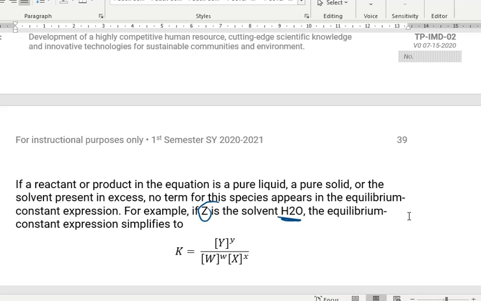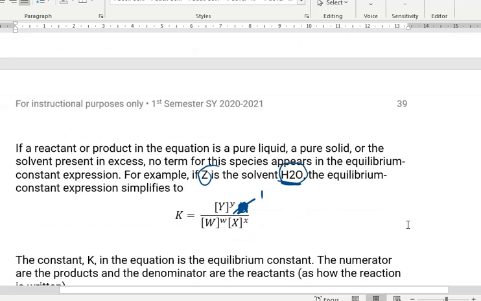So Z disappears here, right? You just cancel that out because that is equal to 1. Because, in the case of water, that's moles of water over liter of water, right? So, that will just be equal to 1. Alright?